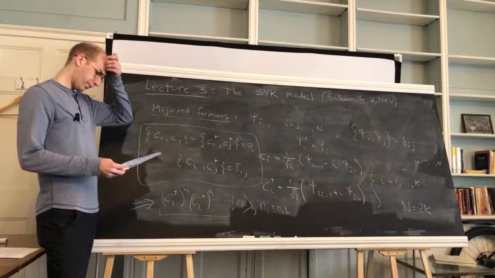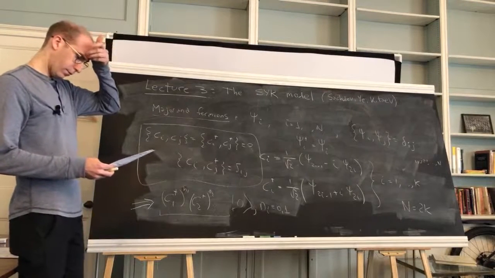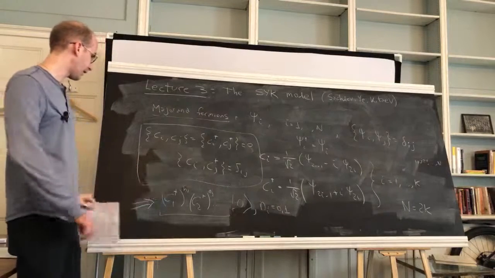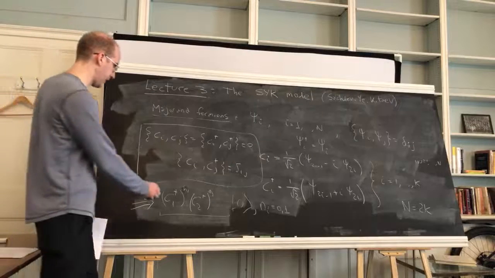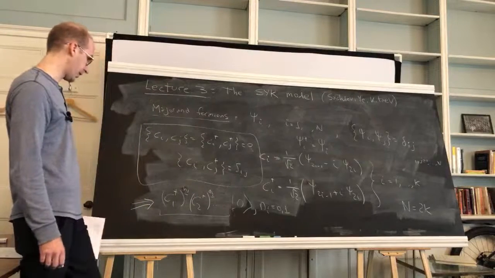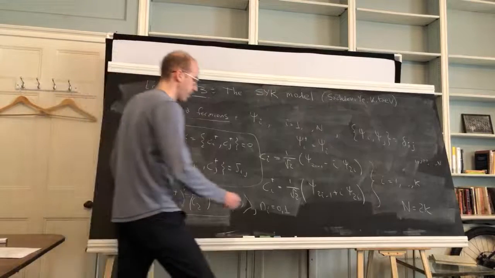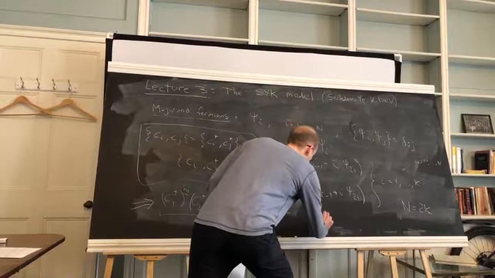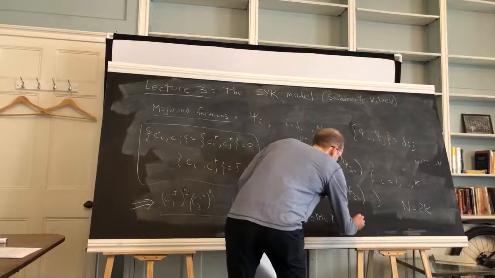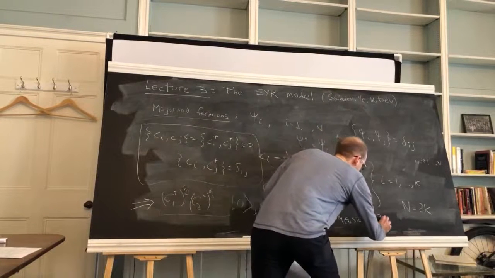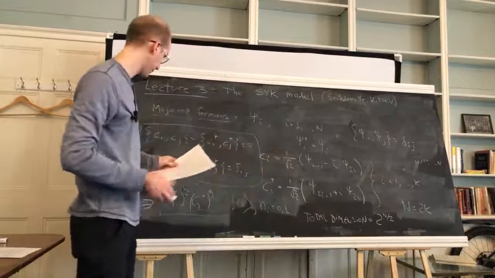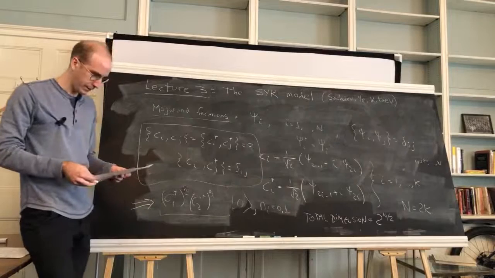And yeah, now we can count how many states this basis has, and for each case we have either 0 or 1, so the total dimension is equal to 2 to the n over 2, or 2 to the k, because we have k of these c's.